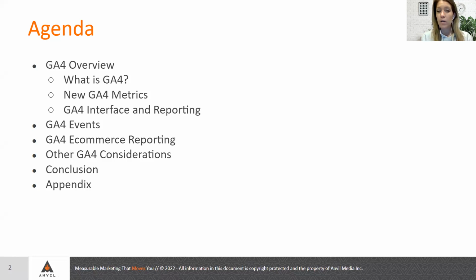We'll talk about some other considerations, other important pieces of information to know, and then we will wrap up with a conclusion for the end of the webinar. And as I mentioned, you can see at the very end, there is an appendix where I've laid out some very easy to follow steps, instructions. We've included links to resources to really help you set yourself up for success and make sure you have everything you need to really start doing a deeper dive into Google Analytics 4.